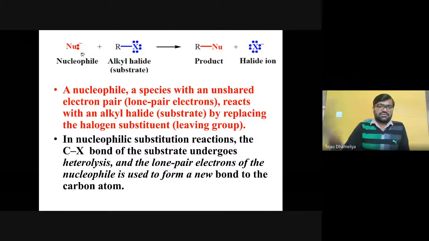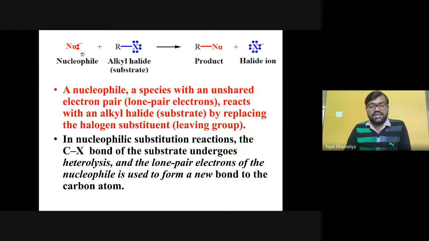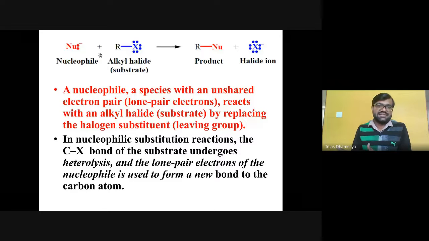And contradictory to this, there can be certain species which have positive charge, and that's why they are in search of negatively charged electrons. Such species are termed as electrophile. Themselves they are negative, but they are in search of positive charge, so that's why they are nucleophile.